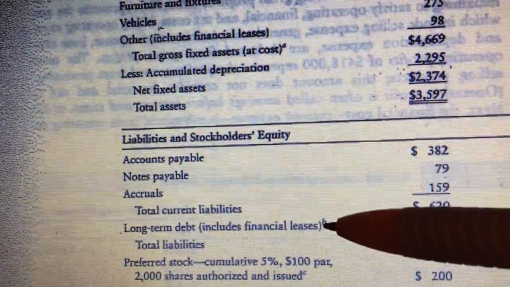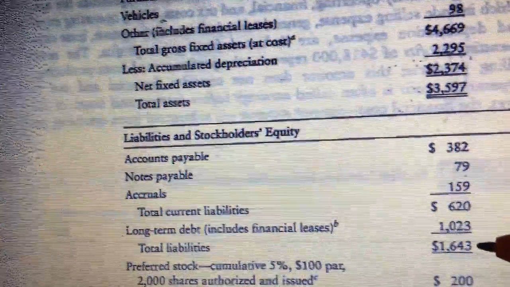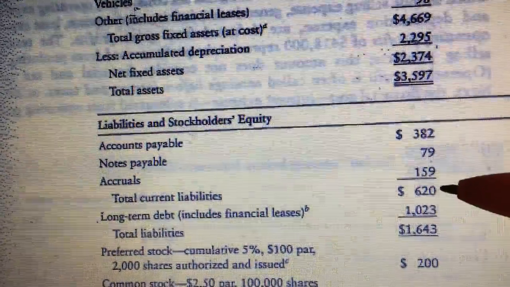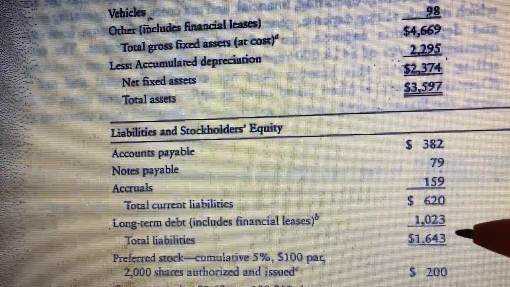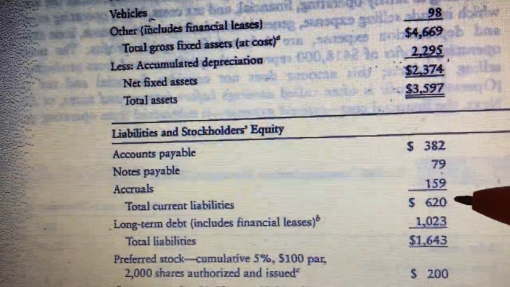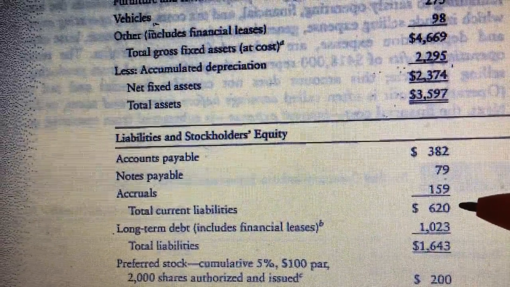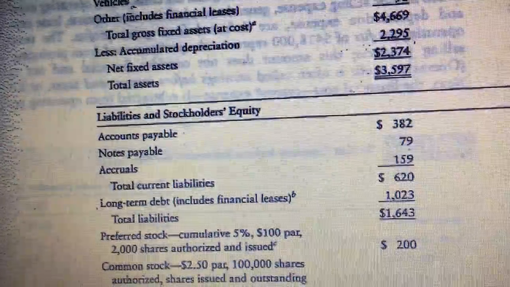You have a long term, which means it's going to take us longer than a year. So the 1643 plus the 620 will be equal to your total liabilities. Now, they don't have a line for that, but if you added that, that would be like 2163. That would be your total liabilities.